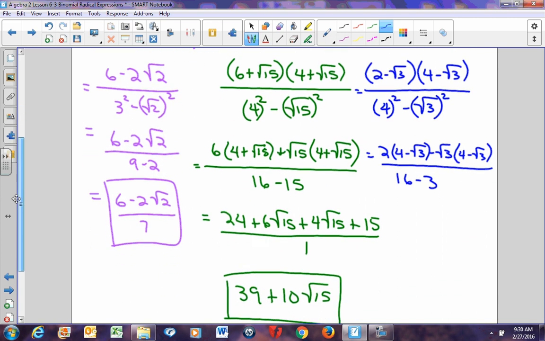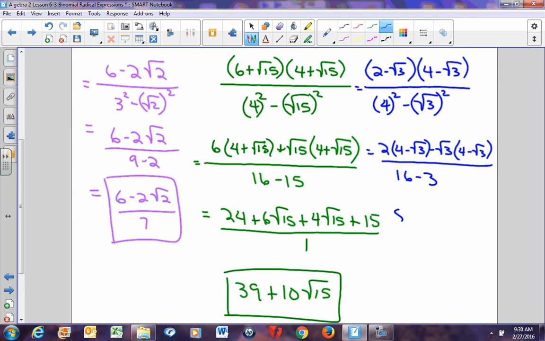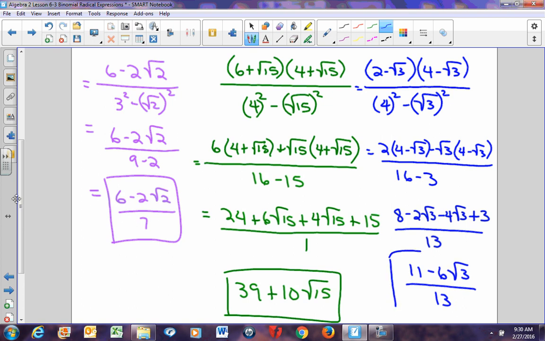So, the top becomes 8 minus 2 square roots of 3 minus 4 square roots of 3 plus 3, because we have the negative square root of 3 times the negative square root of 3, which would be the positive square root of 9, which is positive 3. All over 13. So last but not least, 8 and 3 is 11, so we have 11 minus 6 square roots of 3 all over 13. Nothing simplifies, so we then have 13.